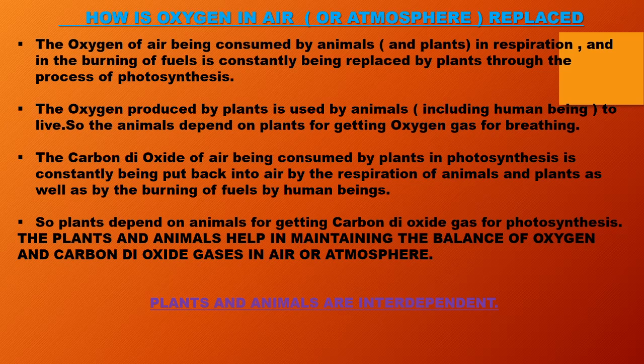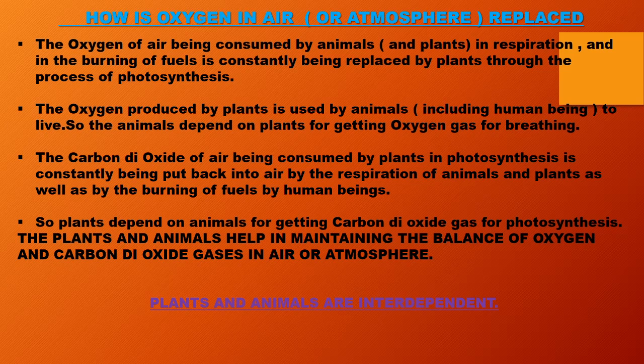Carbon dioxide is used up by plants for making food by photosynthesis. What does it mean? It means that plants depend on animals for carbon dioxide for photosynthesis. So we can say plants cannot live without animals.